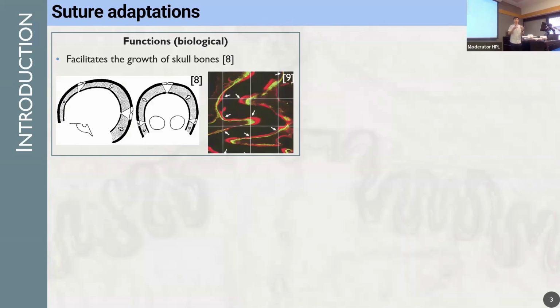In the skull, there's a thin bone, and it grows with coordinated absorption and deposition of the bone minerals on the inner side of the skull and the outer side of the skull. With that mechanism, skulls can expand outward, but to fill the gap between the bones, there's bone growing at this suture bone interface.